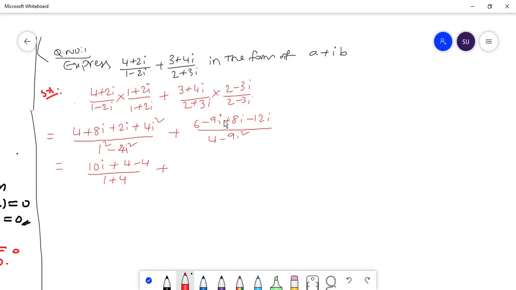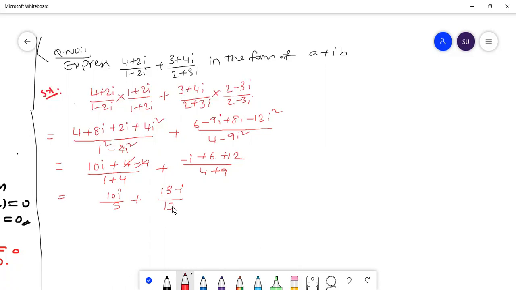The second part is 6 plus 12 from minus 12i square, minus 9i plus 8i is minus i. The denominator is 4 plus 9, which is 13. So the first part is 10i by 5, which is 2i, plus (18 minus i) by 13.